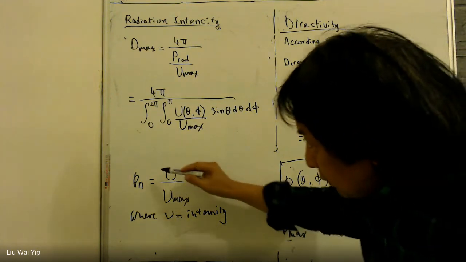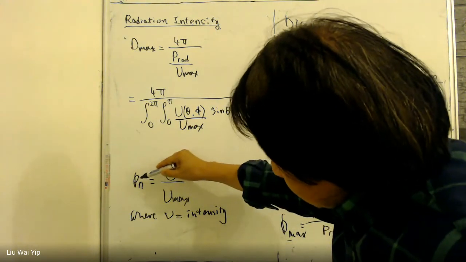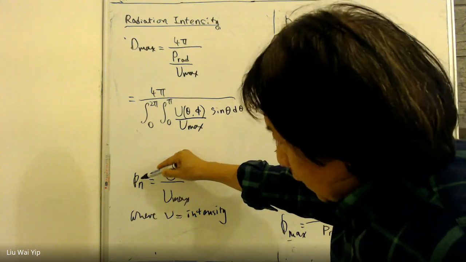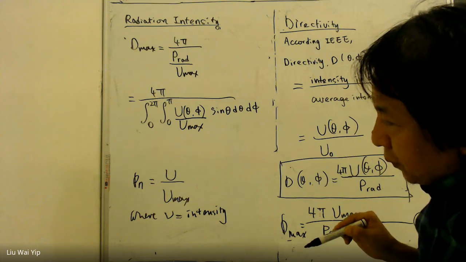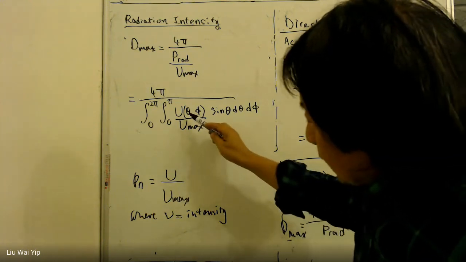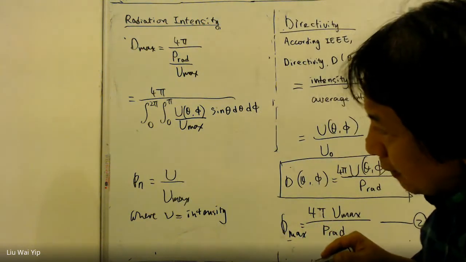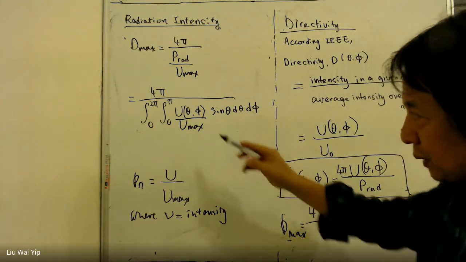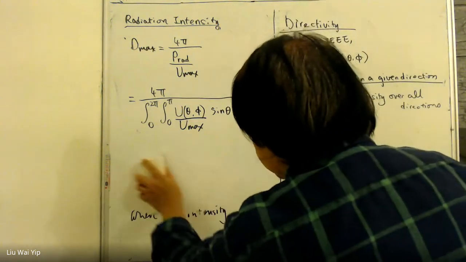Based on what we have learned in the past, U divided by U max is the normalized power. So why don't we just substitute this into here?